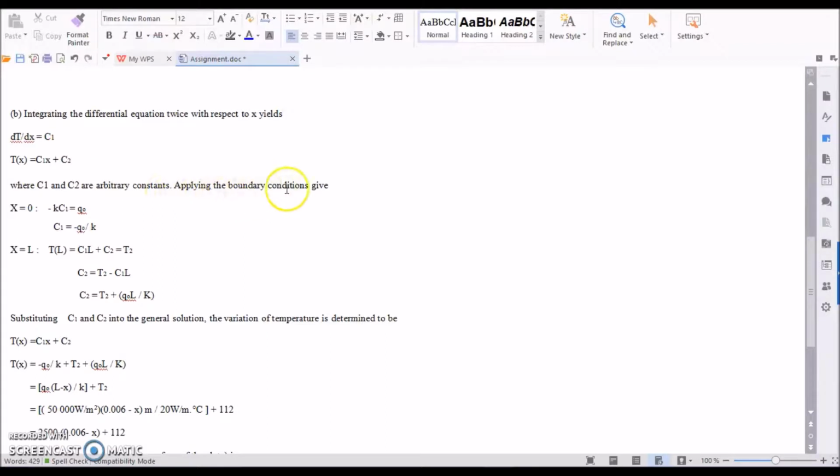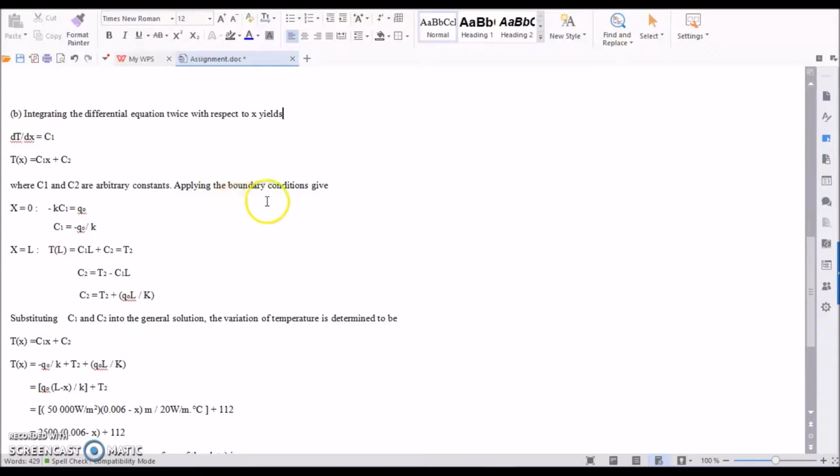So when we apply the boundary condition given, remember for the left side, which is the inner surface, x equals 0. So when x equals 0, we use the formula negative k dT per dx equals q. But dT per dx we replace by C1. So we make C1 the subject. So C1 equals negative q over k.